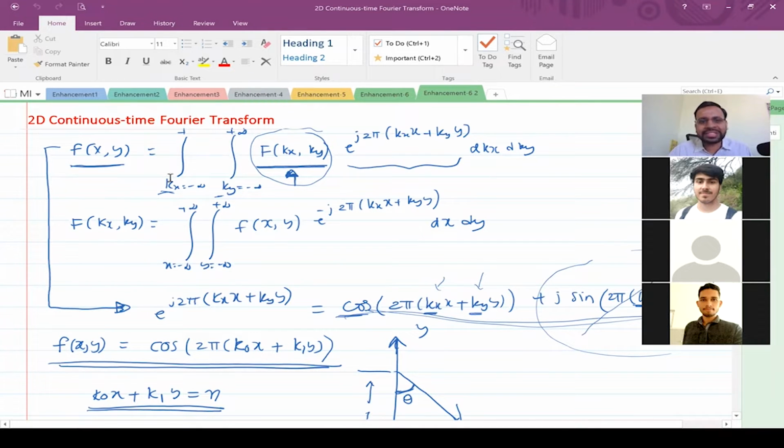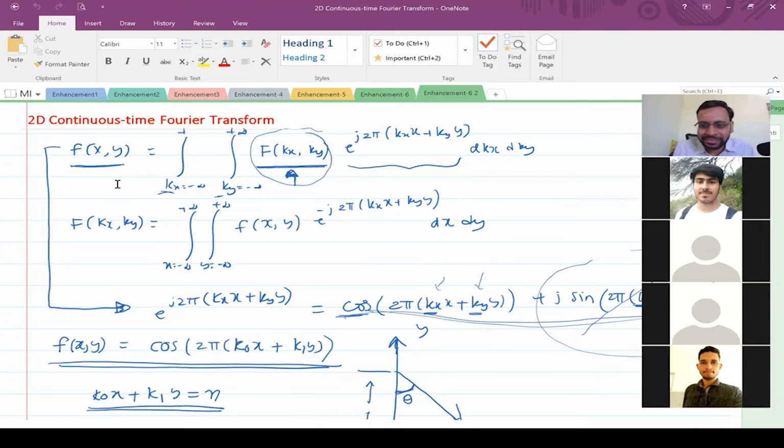Then what is the next thing we have to do? We are forced to do something other than sampling here when it comes to the implementation. We can have two frequencies, right? In the X direction we will have one frequency, and in the Y direction we can have another.